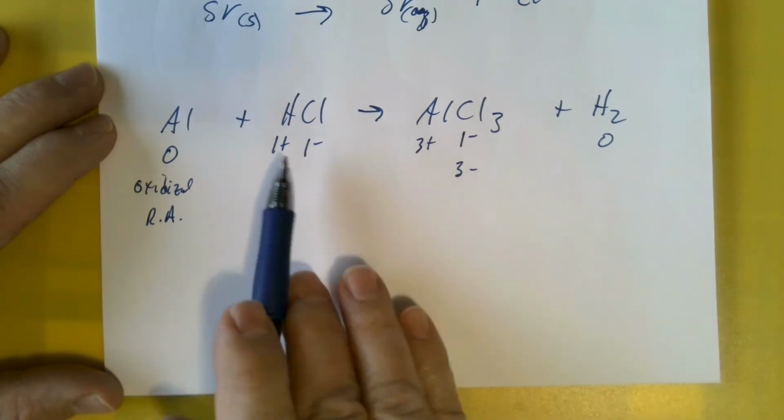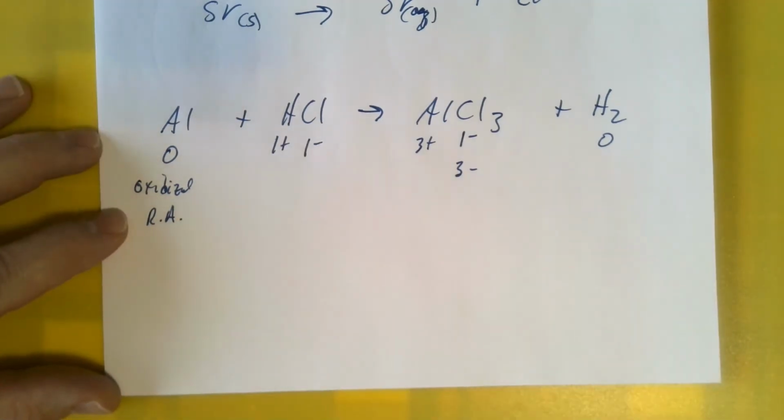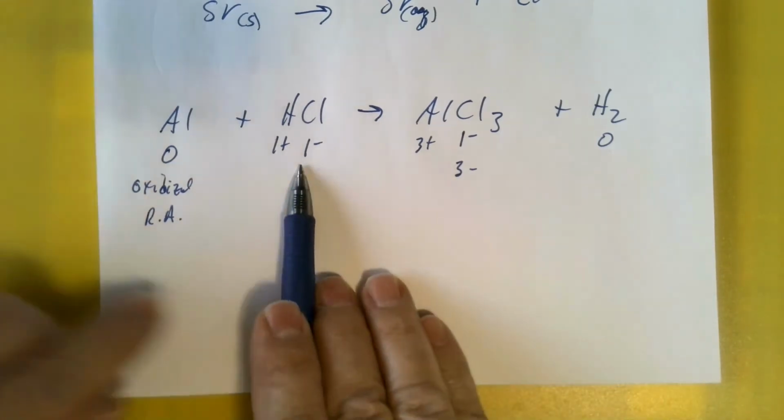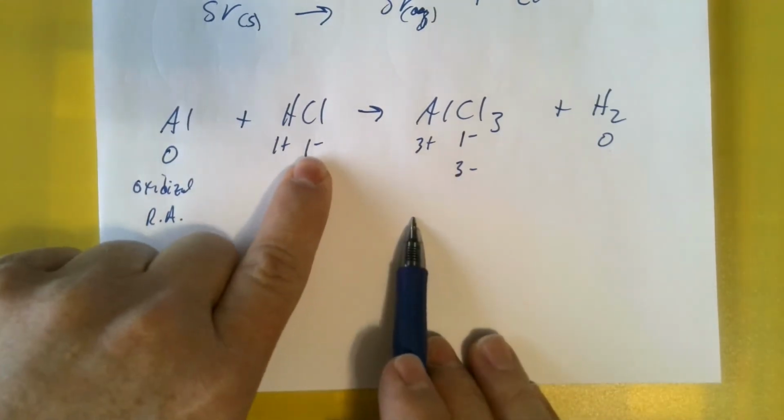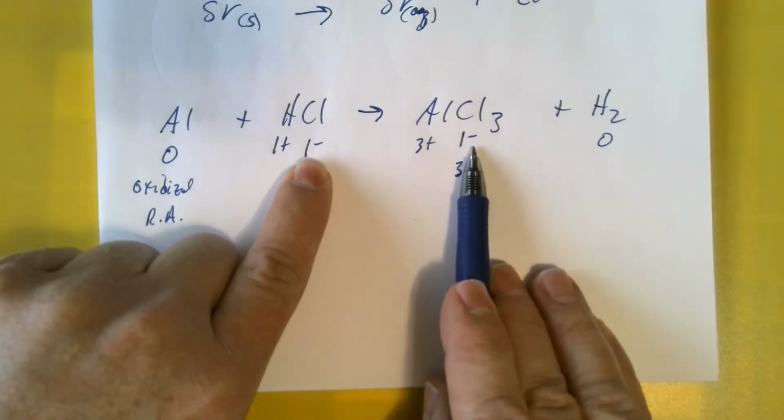Now, which one of these is reduced? Anybody know? Chlorine's reduced. So look, over here's chlorine. Chlorine's a 1 negative. What's chlorine over here? 1 negative. So it didn't change sign, so it's not involved in this.